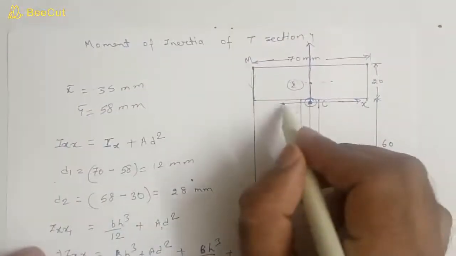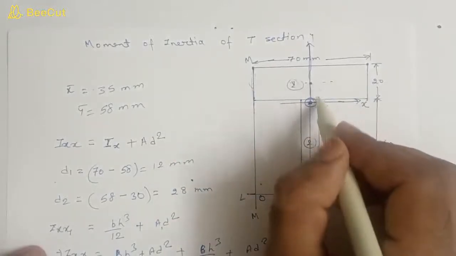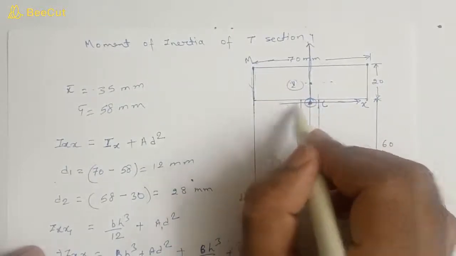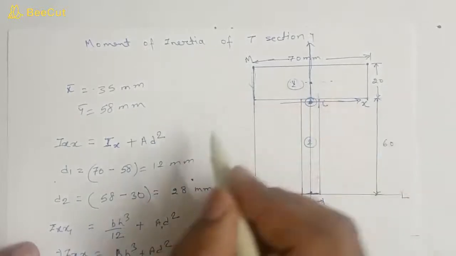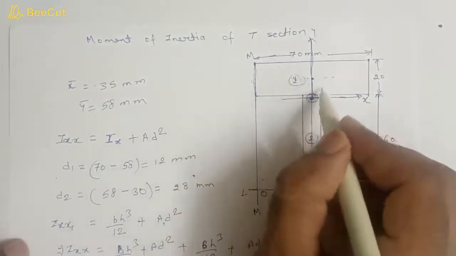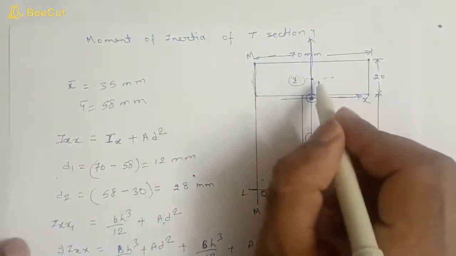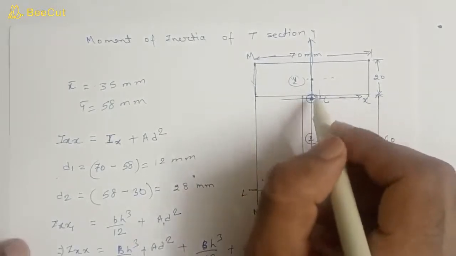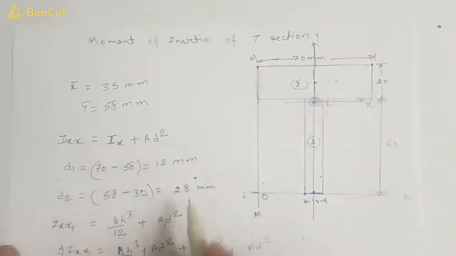But this is not its own axis, and the distance between these two axes is d. So the moment of inertia about this axis will be the moment of inertia about its own axis plus the area of this rectangle into the distance between the two axes squared. So it is Ix plus A d squared.